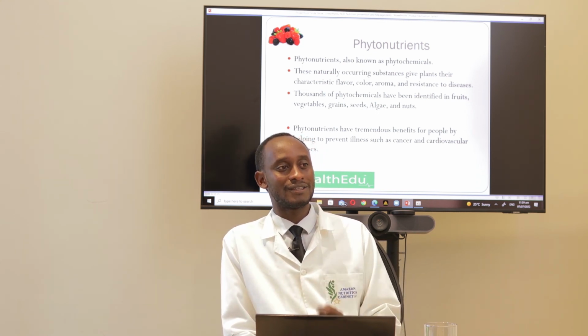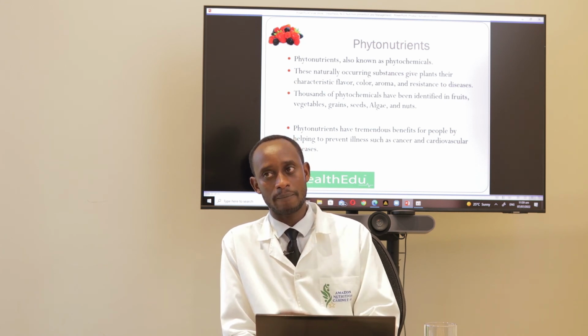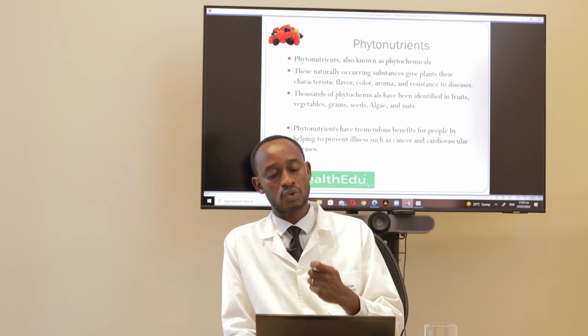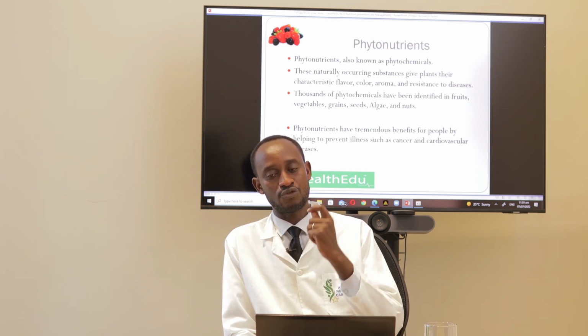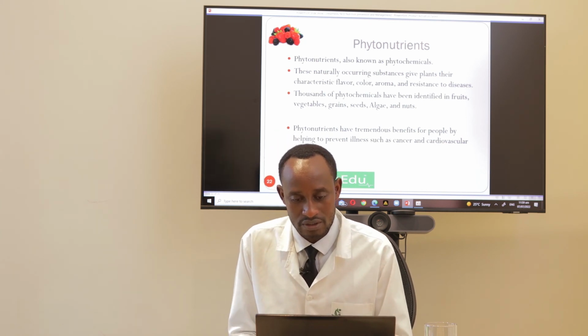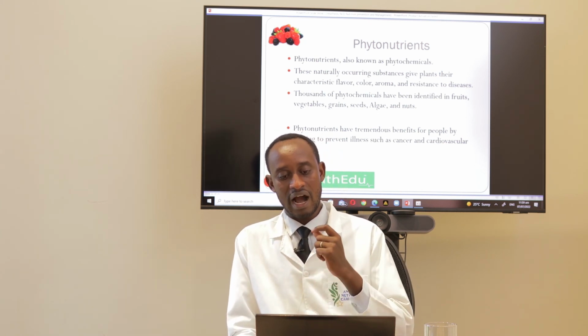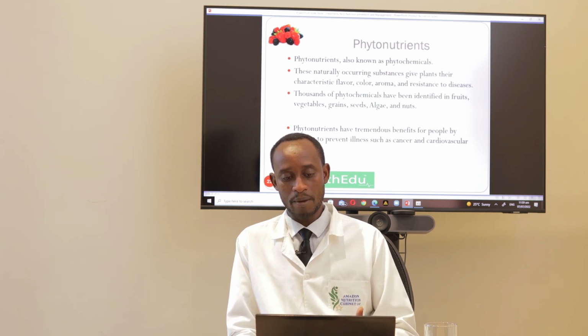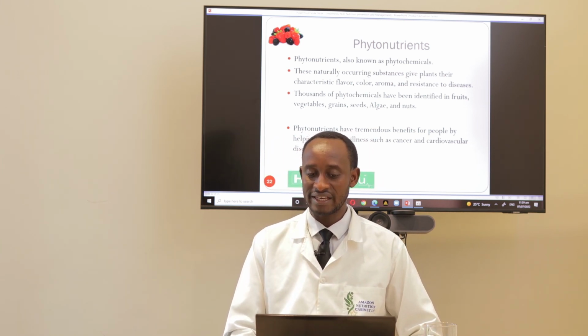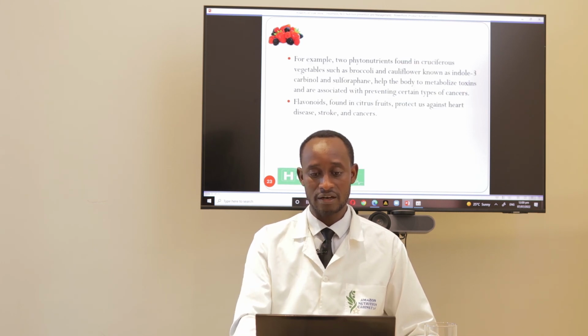When you lose the taste, when you lose the smell, you are eventually losing the mineral salts. So these are phytochemicals that give the food a property of treating and managing non-communicable diseases. Phytonutrients have tremendous benefits for people by helping to prevent illnesses like cancer, cardiovascular disease and diabetes.